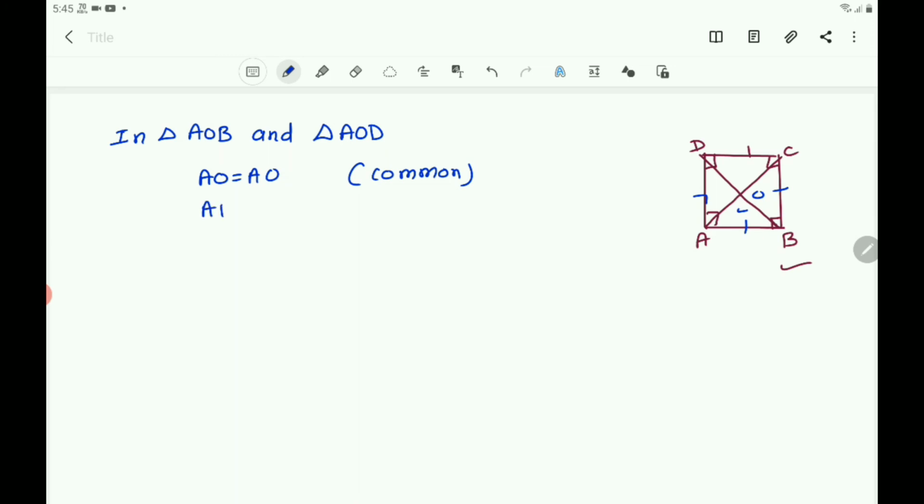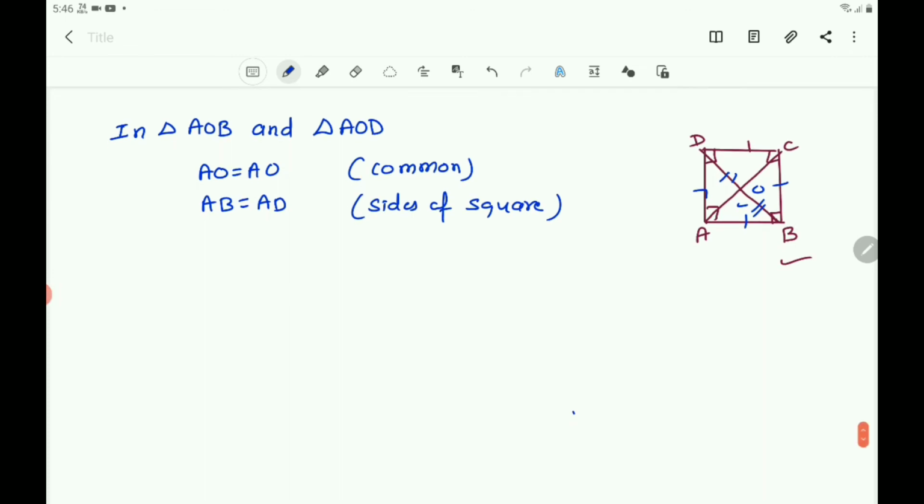AB equals AD, sides of square. And also you proved BO equals DO. It is proved. Here we proved that already, diagonals bisect each other.